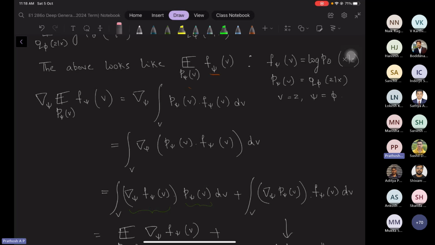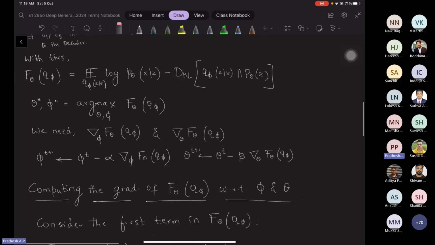Here, you need the gradient of an expectation with respect to a density function that is parameterized by the same parameters with respect to which we need the gradients. You see that?